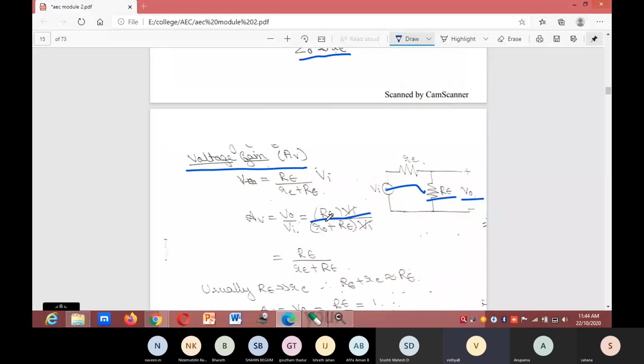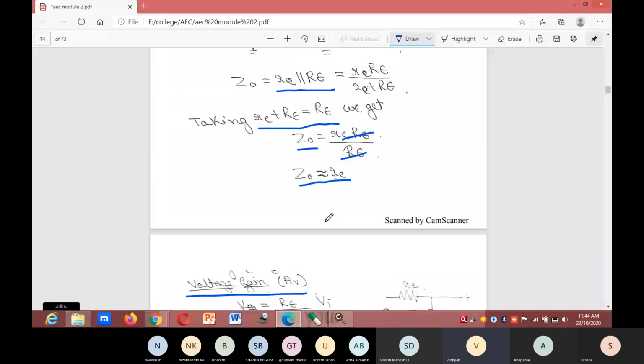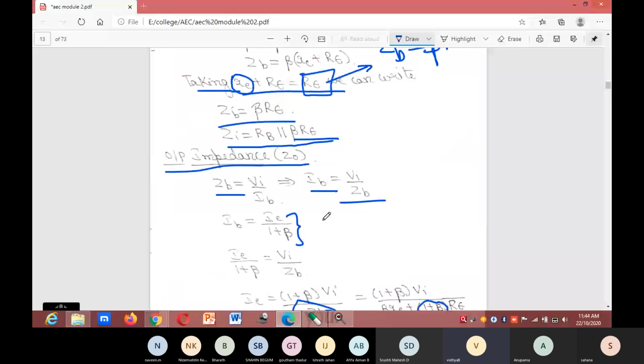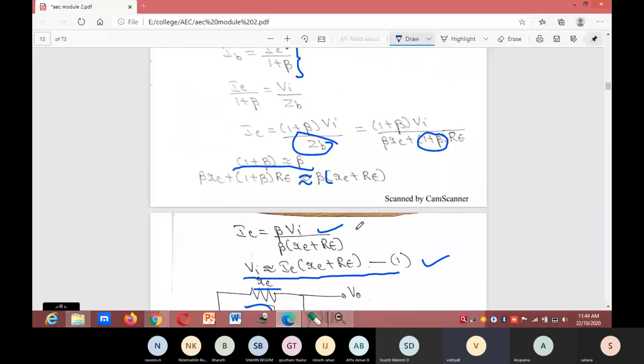You need to substitute the V0 value and the Vi value.